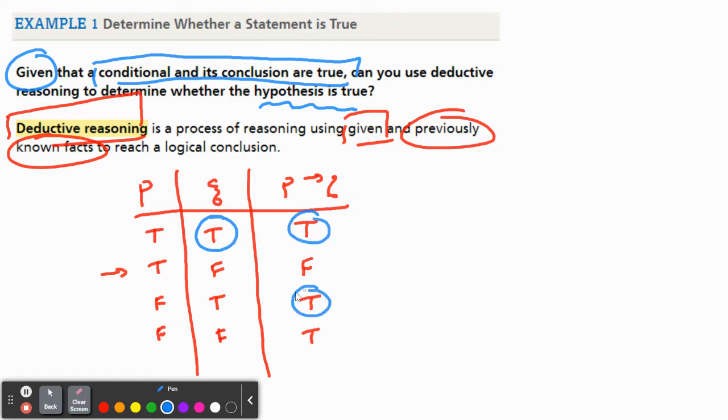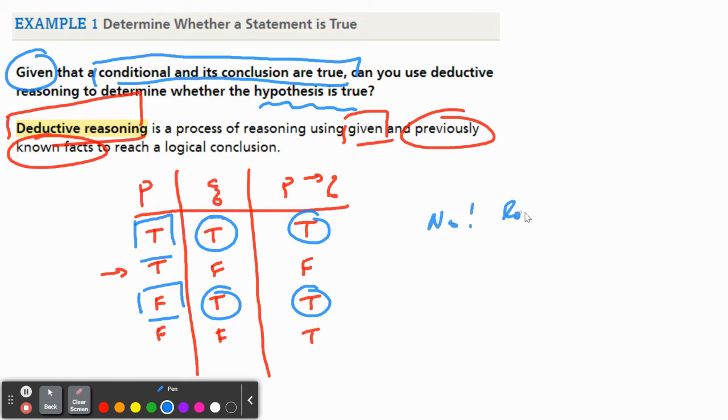Here's a true conditional and a true conclusion. But if you look here, look at the two truth values for the hypothesis. One is true, one is false. This is inconclusive. Based off this information, we cannot tell if the hypothesis is going to be true or not, because in one instance it's true, and in one instance it is false. So the answer is going to be no.